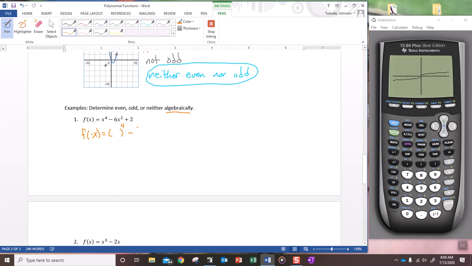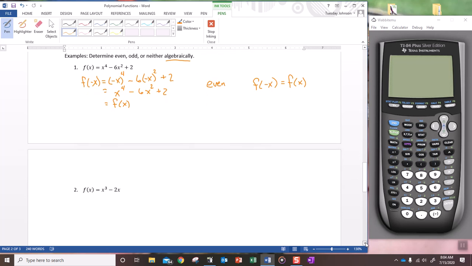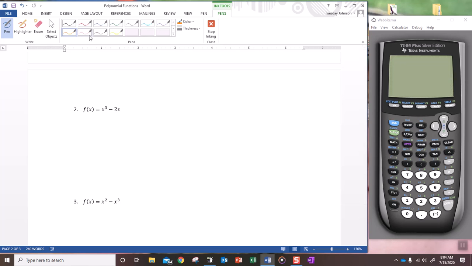So everywhere we see an x, we're going to input a -x, and then we're going to simplify. And then we look at this function. This resulting function is exactly the same. This is f of x, and therefore the function is even, because f of -x is the same as f of positive x. So algebraically, we just substitute and simplify.